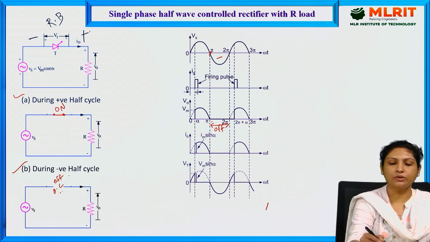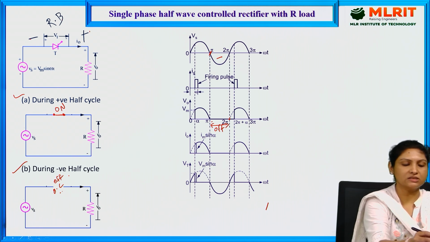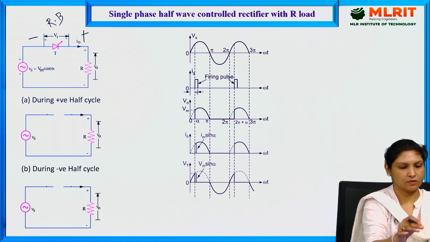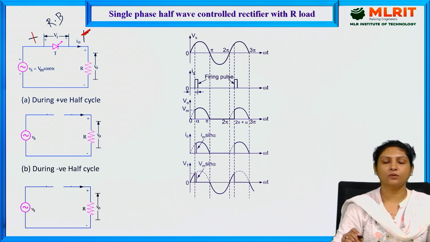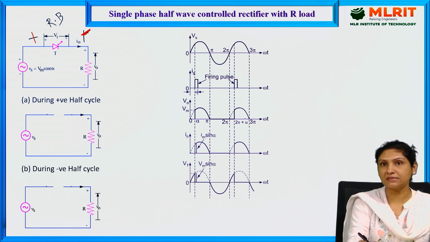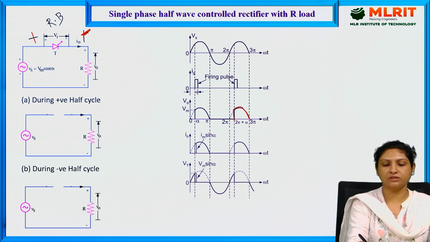Again, during the positive half cycle, right from 2 pi, the thyristor will be positive, but in the forward blocking state. At the instant 2 pi plus alpha, we start providing the triggering pulse, and the thyristor turns on and conducts current from 2 pi plus alpha to 3 pi.